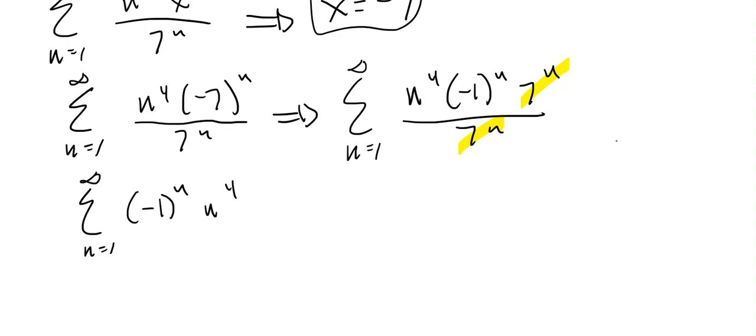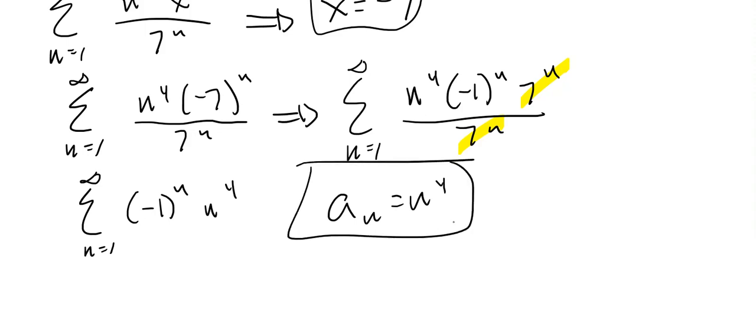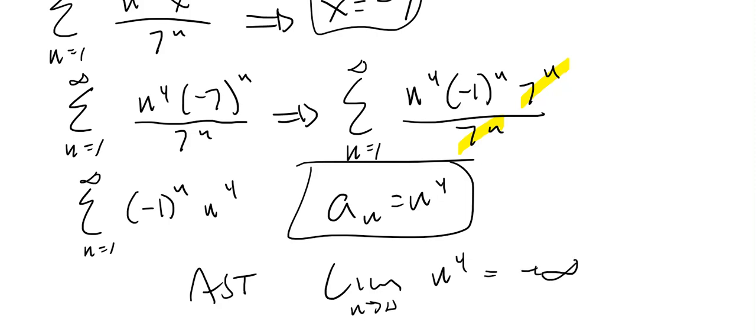And so the alternating series test says we take a sub n equals n to the fourth, and we find the limit of that. So by the alternating series test, the limit as n approaches infinity of n to the fourth is infinity. It's getting infinitely large. In other words, the limit does not exist. So it fails the first test for convergence of an alternating series.